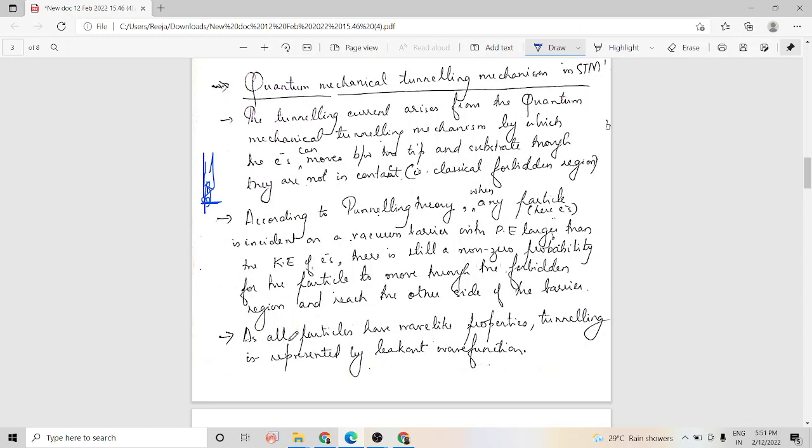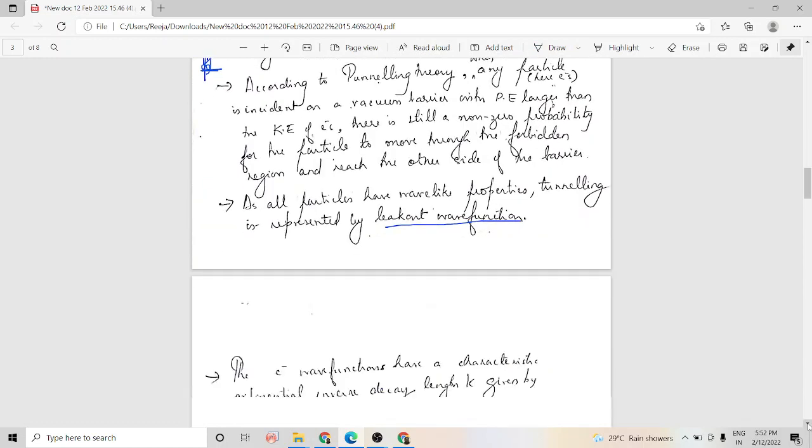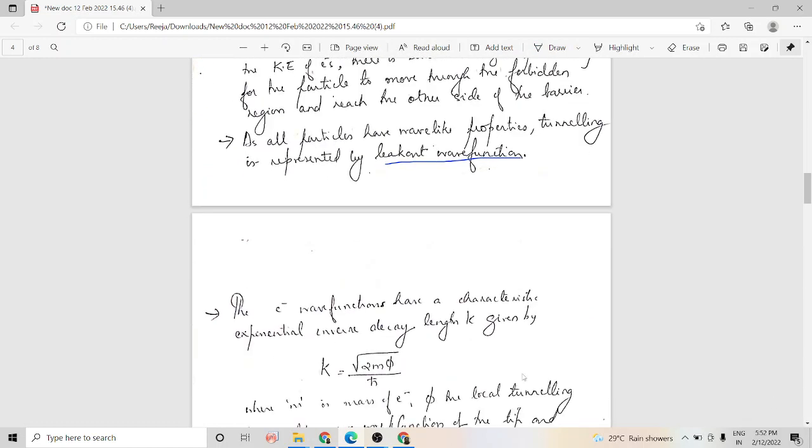As all particles have wave-like properties, the electrons which are tunneling are represented by leak-out wave functions. The electron wave functions have a characteristic exponential inverse decay length k.